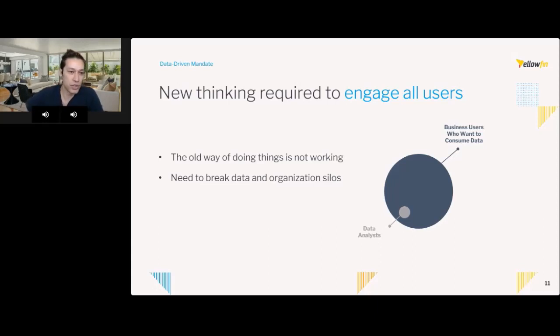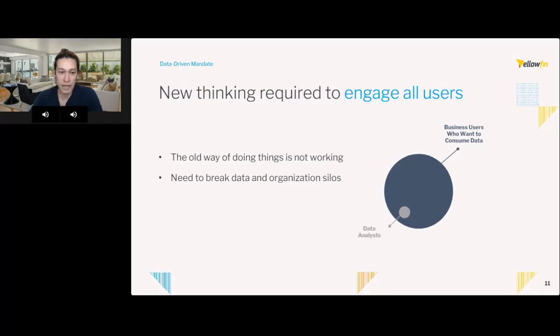And the answer is really just engaging all users of the organization, just new thinking, not just creating a model around data analysts, but really a model around all business users who want to analyze and consume data. And that's really a principle that Yellowfin was founded on 20 years ago.